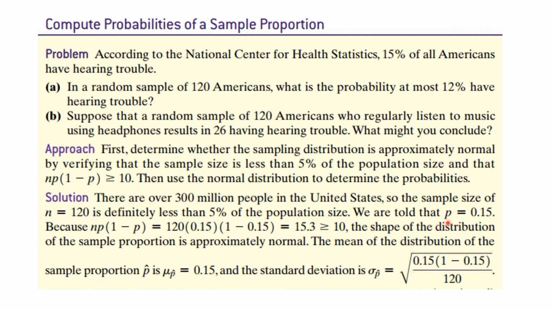Also, we're told that p is equal to 15%, and then n p times 1 minus p is 15.3, which is bigger than or equal to 10. So we know that this is approximately normal, and the mean mu sub p hat is equal to 0.15, and the standard deviation sigma of p hat is given by our formula.